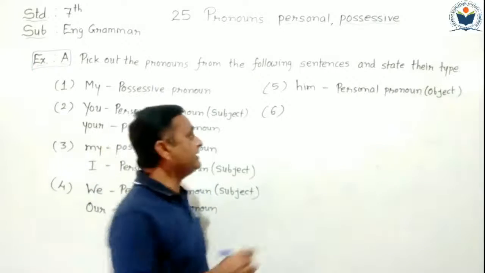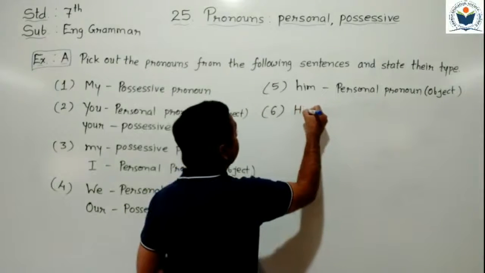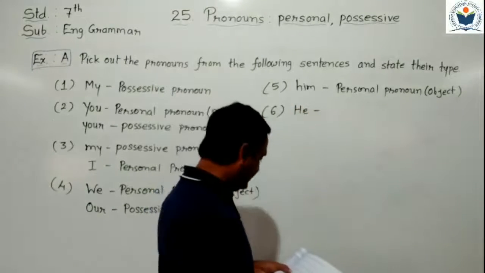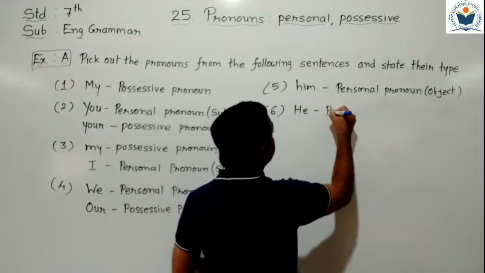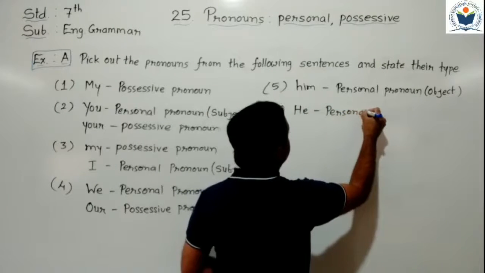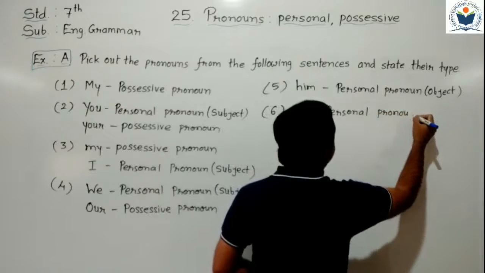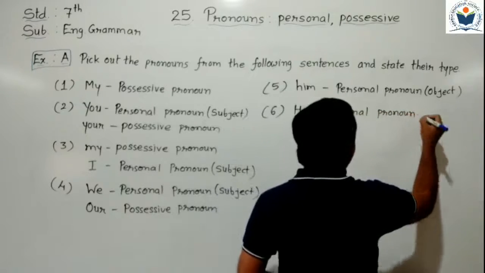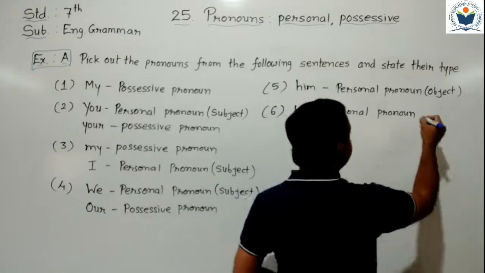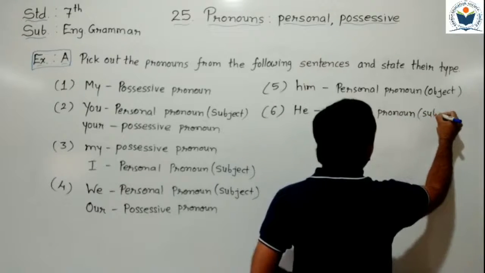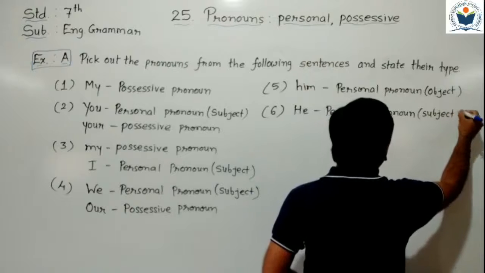Yes, first of all, he is used here. We can say that he is a personal pronoun. It is used as a subject here. We can say that it is a subject personal pronoun.